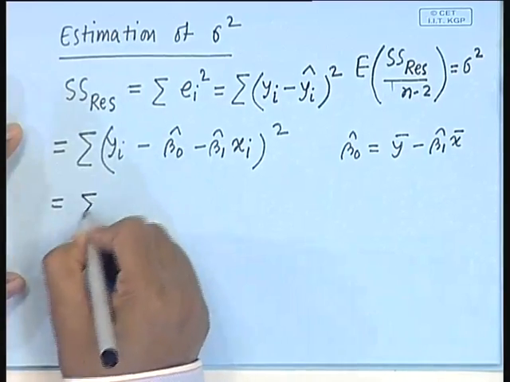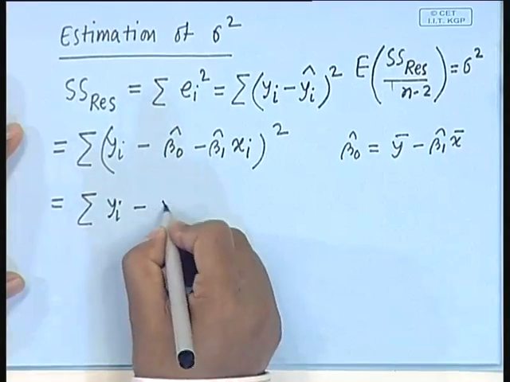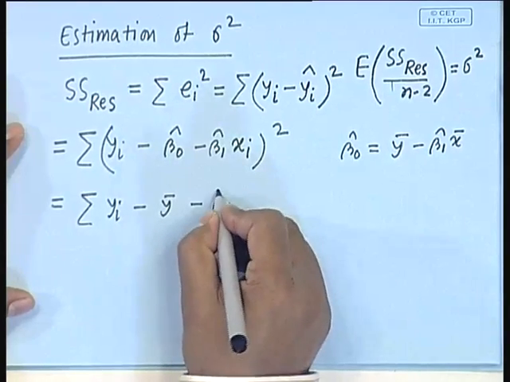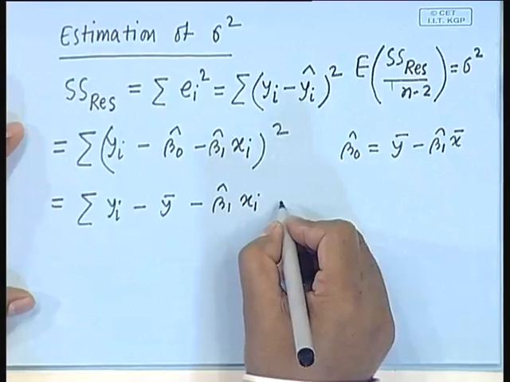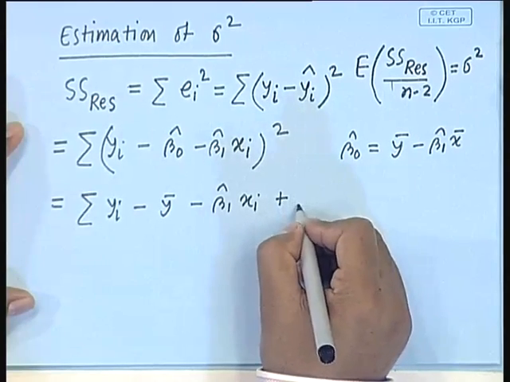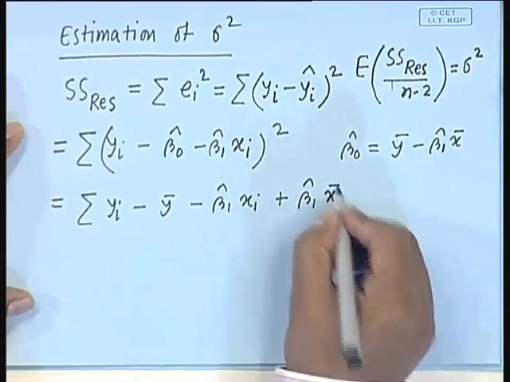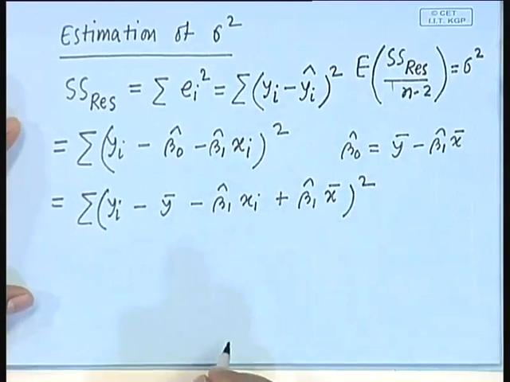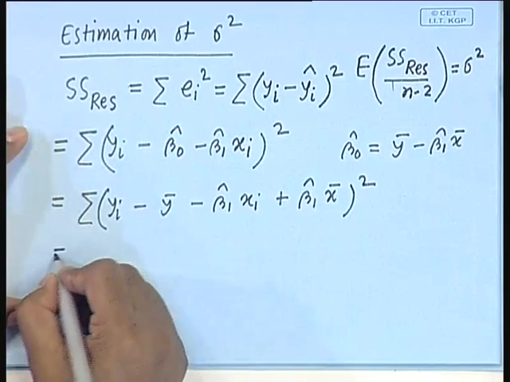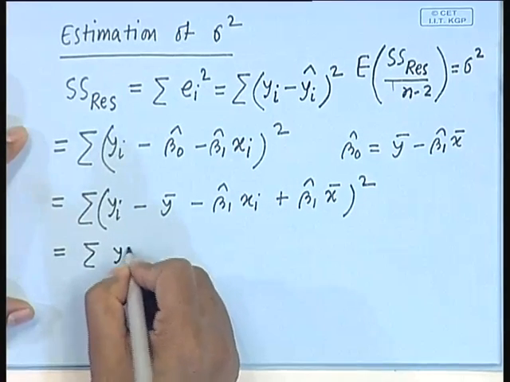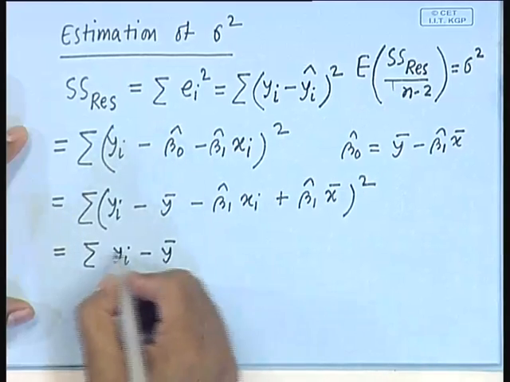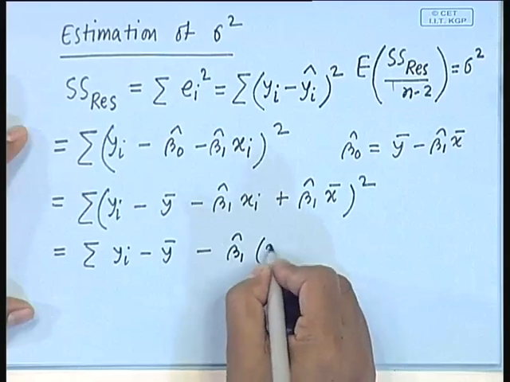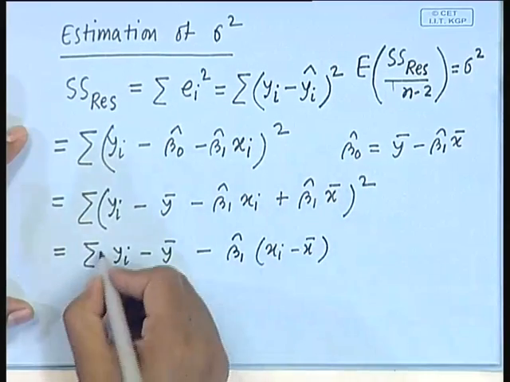This is equal to summation yi minus y bar minus beta 1 hat xi plus beta 1 hat x bar whole square. Okay. So, this is equal to summation yi minus y bar minus beta 1 hat into xi minus x bar whole square.